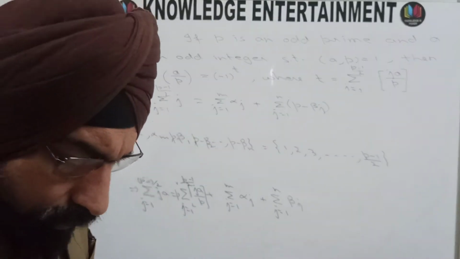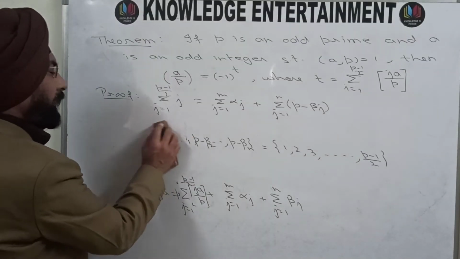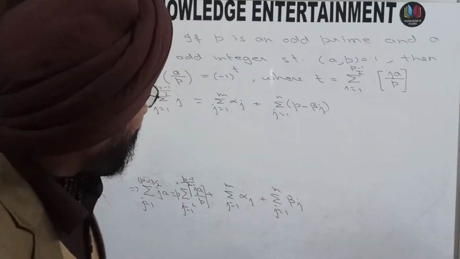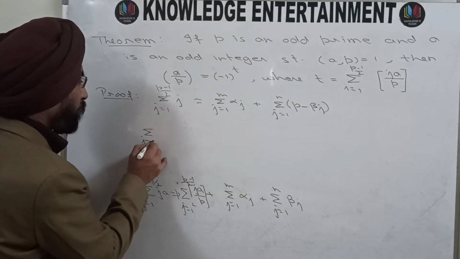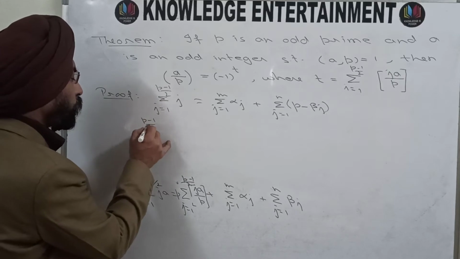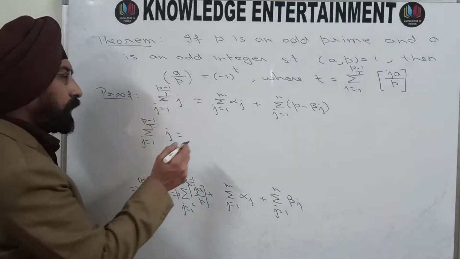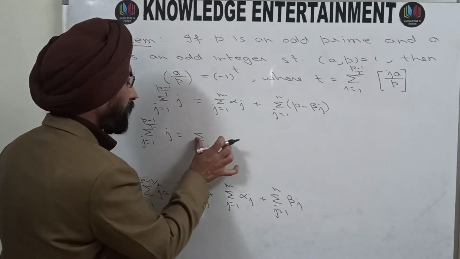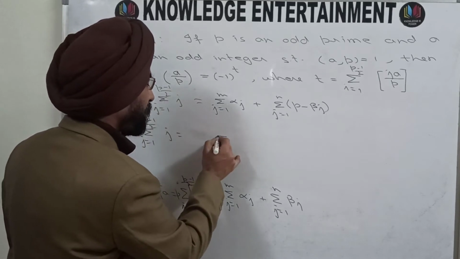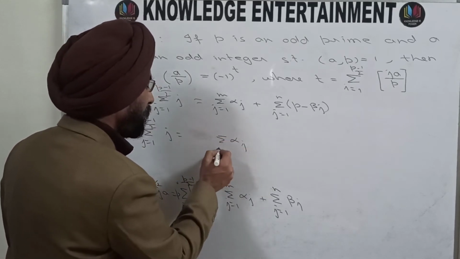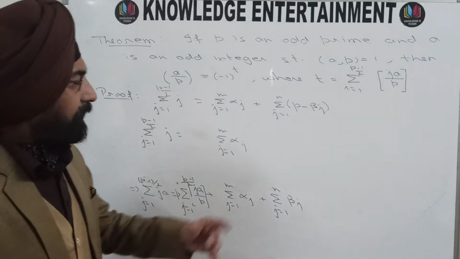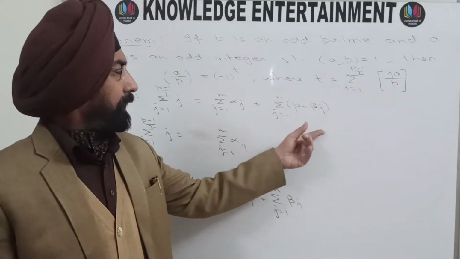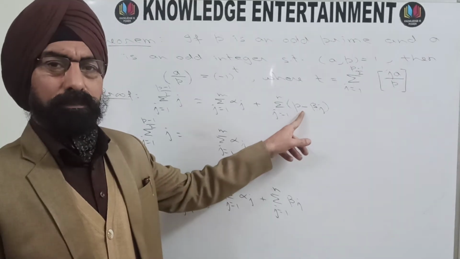Now, what you are going to get from this step is sigma j, j varying from 1 to (p minus 1) by 2, is equal to, I'm writing a little bit ahead, sigma alpha j, j varying from 1 to m. In the second summation, this p is a fixed prime number.